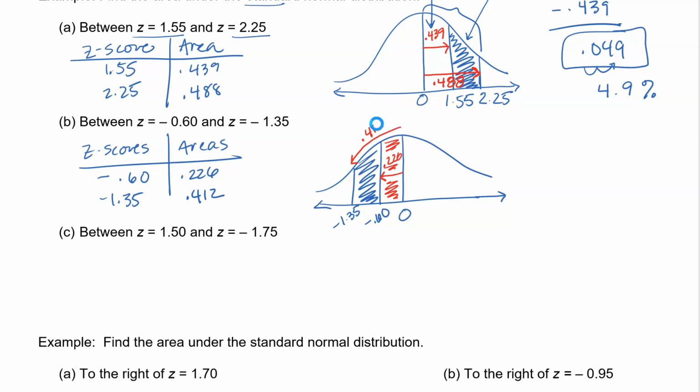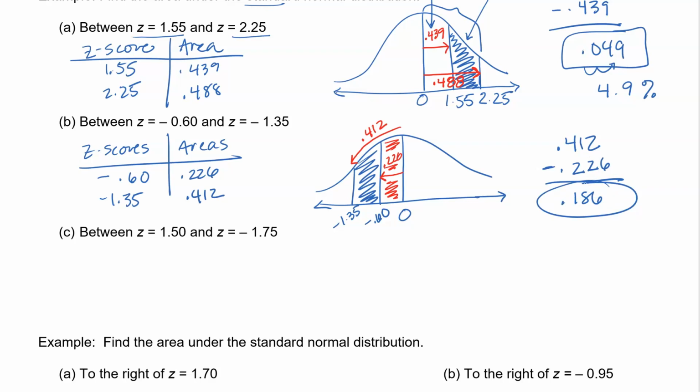Okay, and so now I'm going to do what I did in the last example. I need to subtract, since I wasn't given the area of what I want to find, which is this blue shaded region. So I'm going to take the whole thing, 0.412, and subtract what I don't want, 0.226, to get what I do want, and I end up getting 0.186, which is the area of that shaded region.